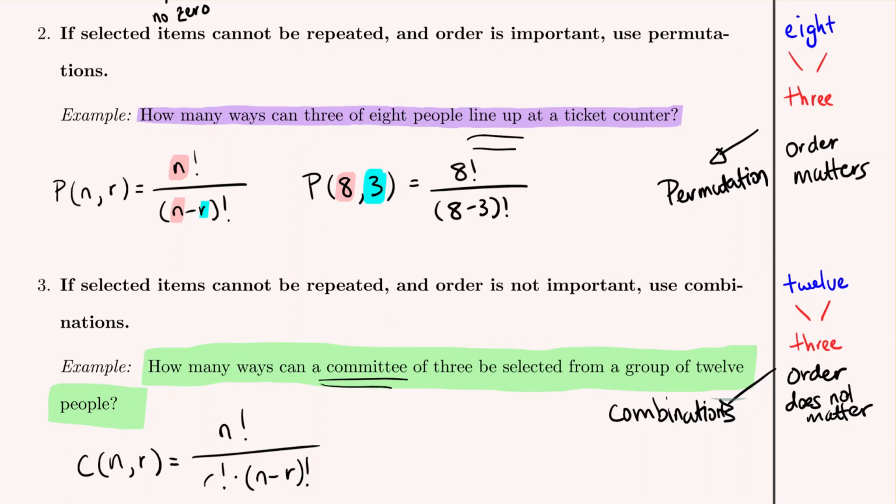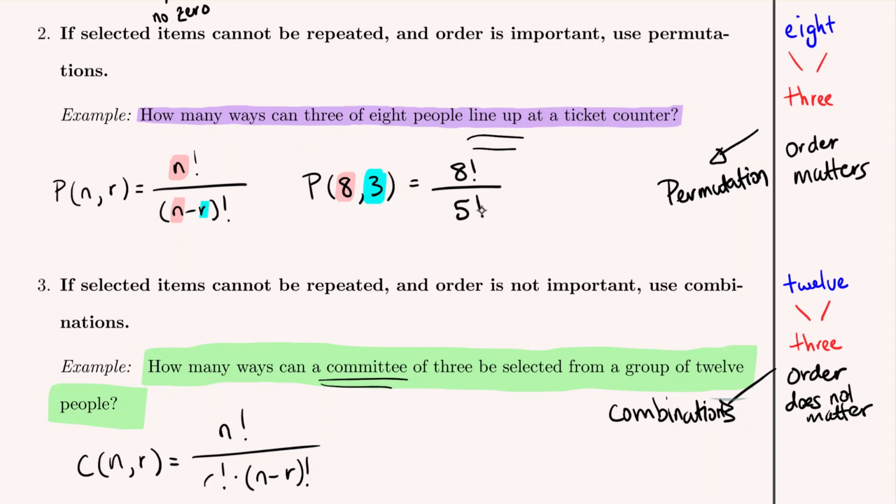I think we've done enough examples that you might have noticed 8 minus 3 is just 5, so this is going to be 5 factorial. You could definitely subtract 8 minus 3 in your head and just write 5 factorial. Feel free to do that, or you could write it out and then simplify it in a next step.